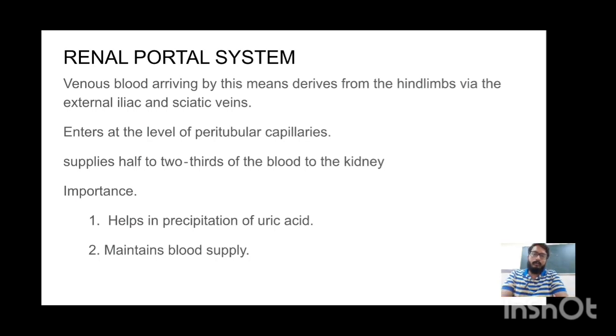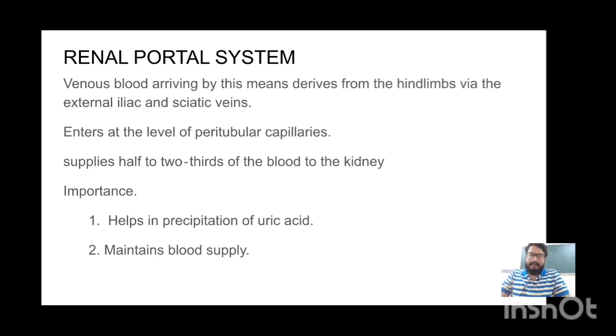Now, why is it so important in case of birds? Number one, it helps in the precipitation of uric acid. If you see, the end product of nitrogen metabolism in case of the birds is uric acid. It is not urea as in case of the animals.